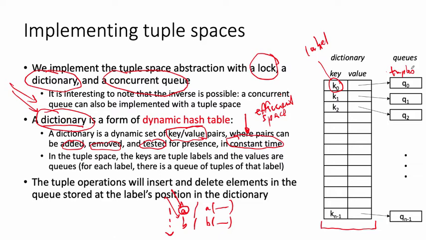So I'm using queues so that tuples, when they go in the dictionary, they come out in a fair way. So using a queue means that older tuples will be removed first. The tuples can come in, and I put them in the dictionary, and the one that was put in first comes out first. So that's how to implement the tuple space.